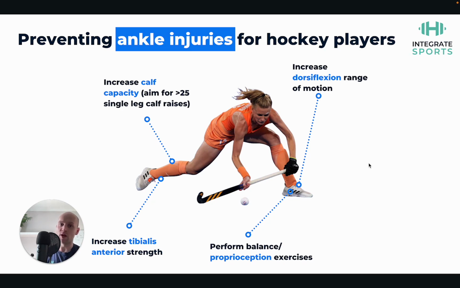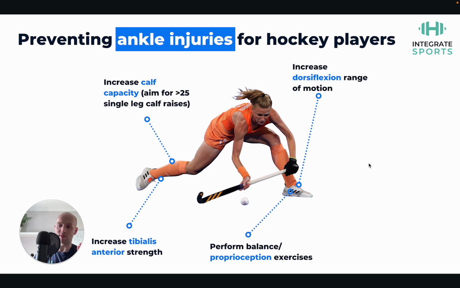So if you have a very limited dorsiflexion range of motion, there's going to be a lot of stress in the ankle joint because there's not a lot of range for that force to be distributed across. Whereas if you've got really good range of motion, say between 10 to 15 centimeters on a knee to wall test, that's going to help to attenuate some of those forces and distribute the loading across the ankle joint more effectively.